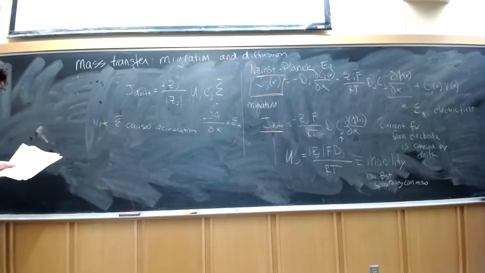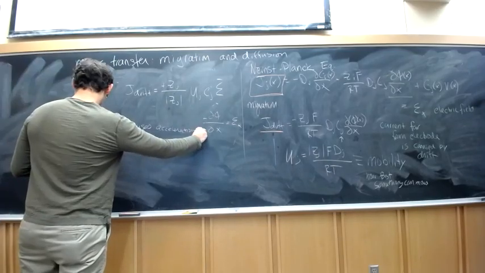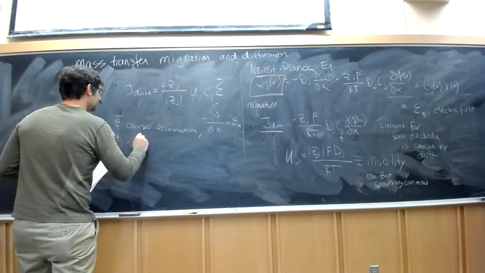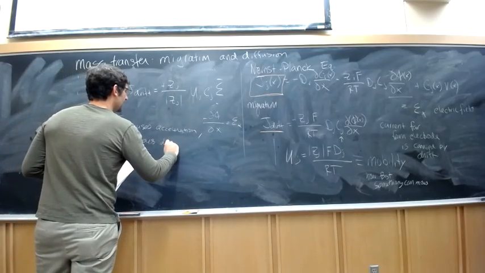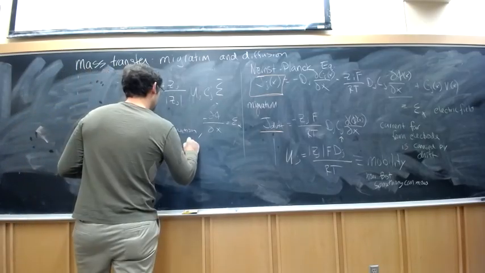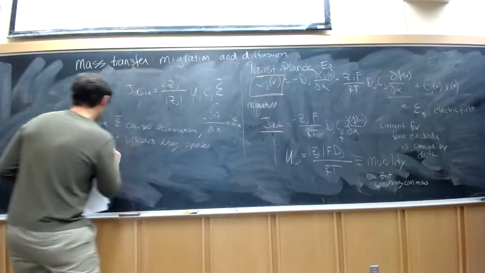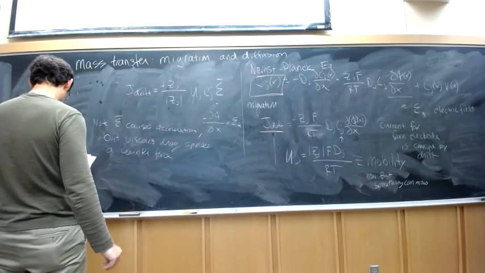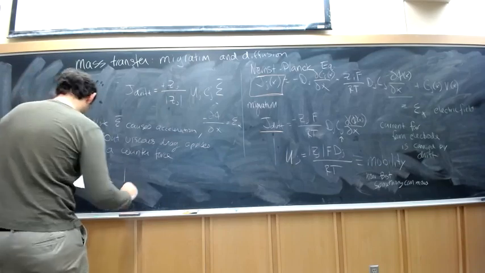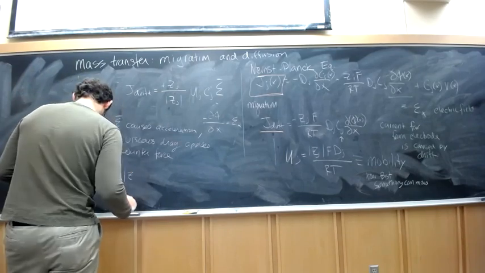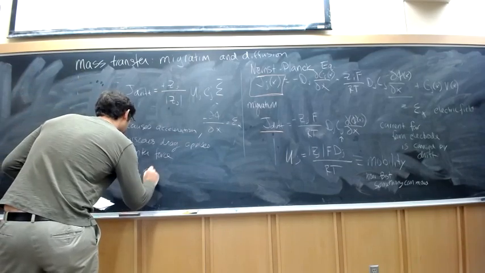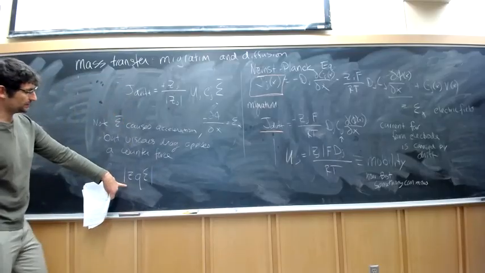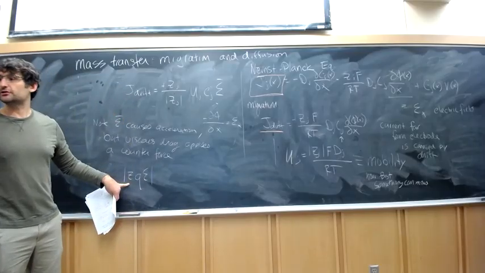Well, it turns out that E causes acceleration, but viscous drag applies a counterforce, and we can write the force from the field, z q E. So this is the force acting on a charged particle with charge z, right?